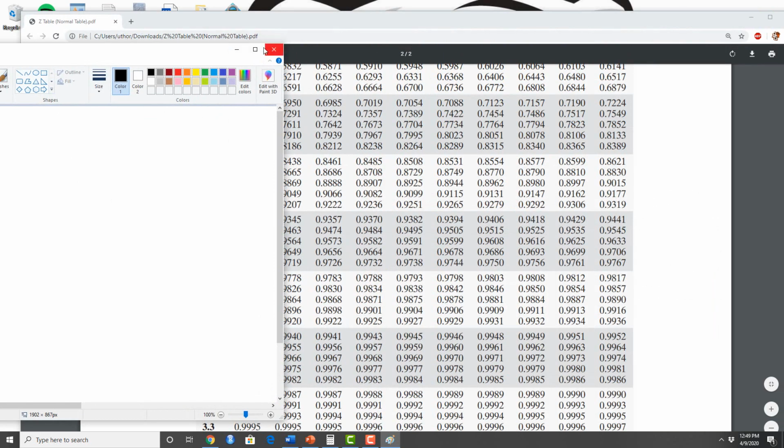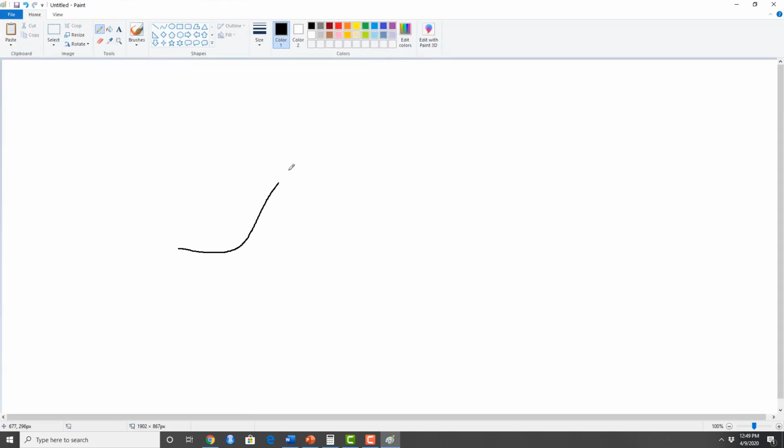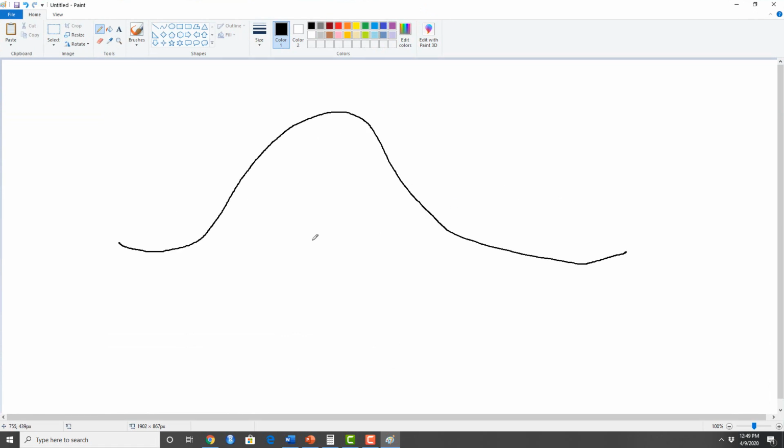It's going to look something like this. Our location here is 70. So plus 1 standard deviation of 2.5 is 72.5. This one is 67.5.